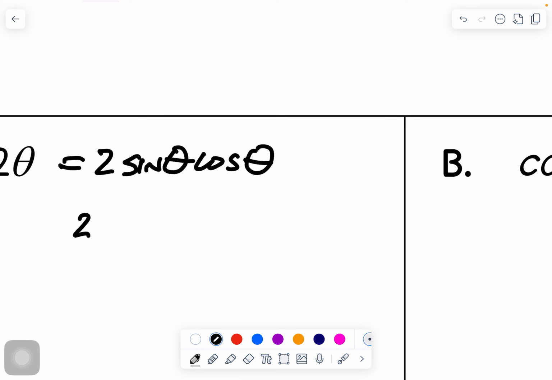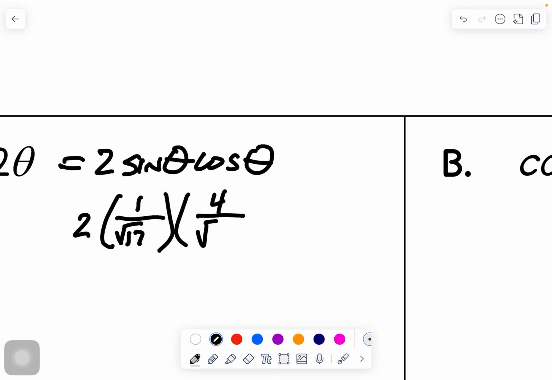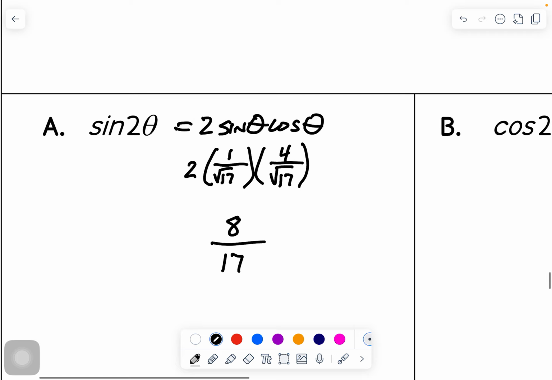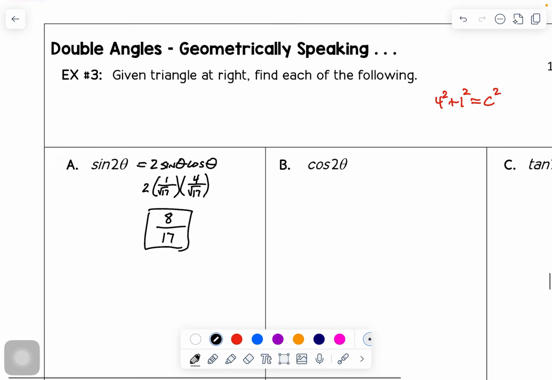So I would have 2 times 1 over root 17. The cosine would be 4, adjacent, over root 17. When I simplify this, numerators get multiplied together, so 2 times 1 times 4 makes 8. Root 17 times itself makes just plain 17 because the square roots cancel out. So my best answer would be 8/17. Worked out to be kind of nice.